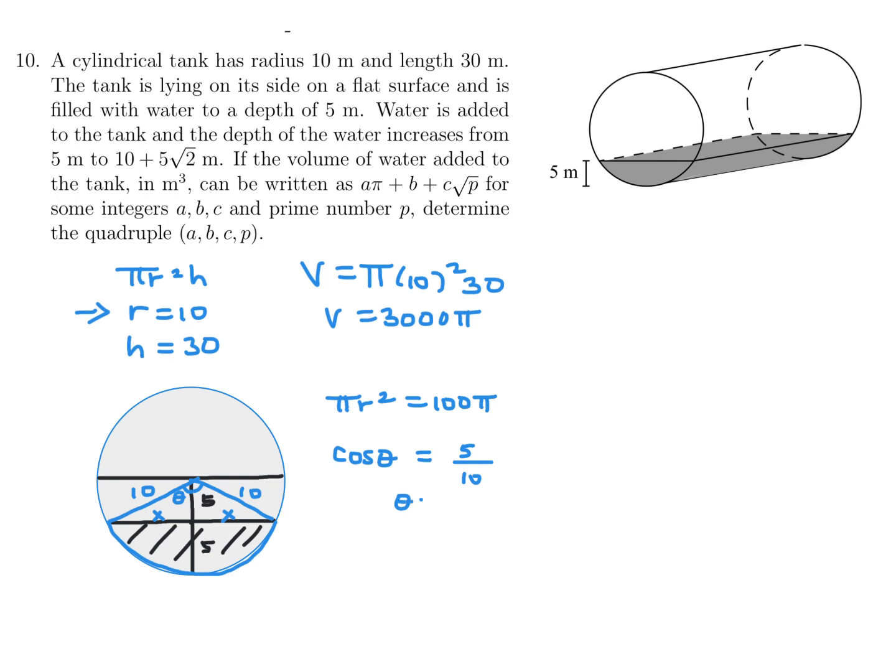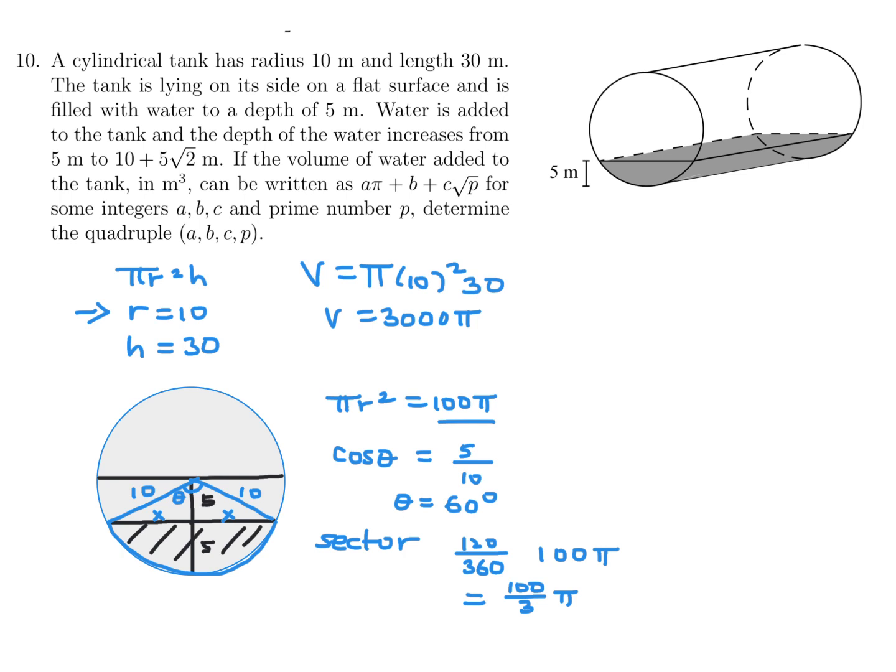So very quickly you can figure out that theta is 60 degrees. So that means that sector is 120, since it's 60 on both sides. So its area would be 120 divided by the full, which is 360, times that 100 pi, which is the total from here. So that's basically going to be 100 over 3 pi, the area of that sector.